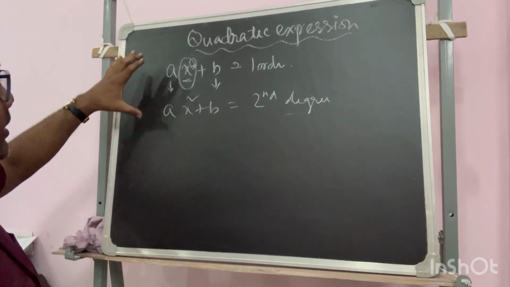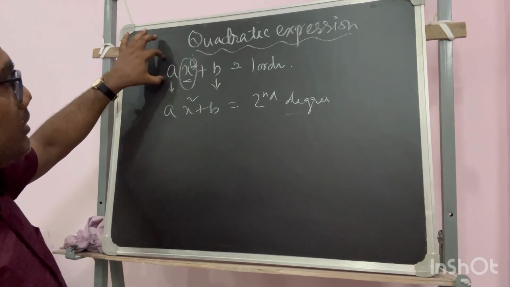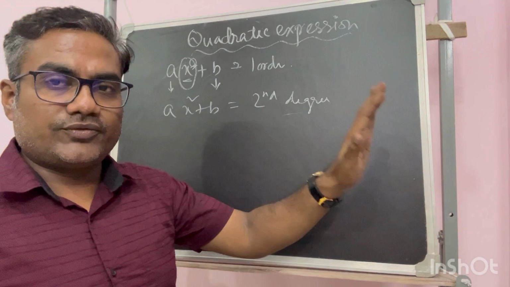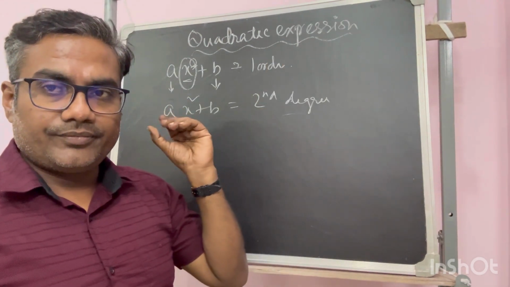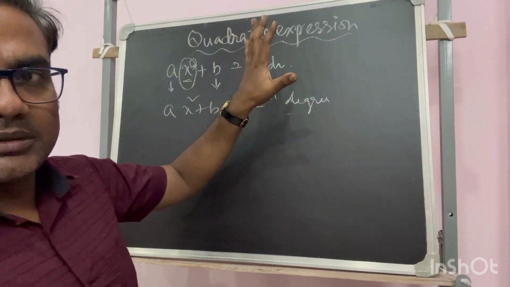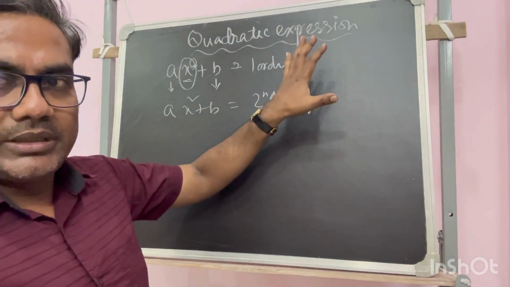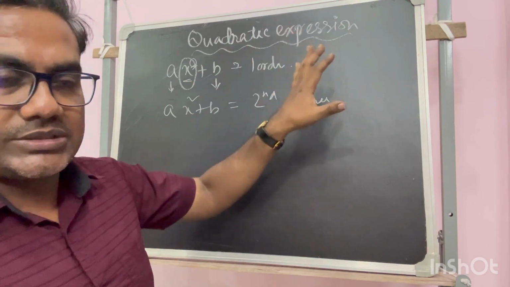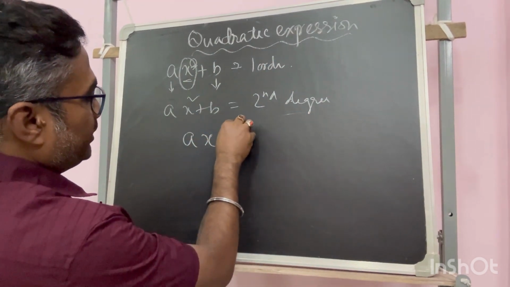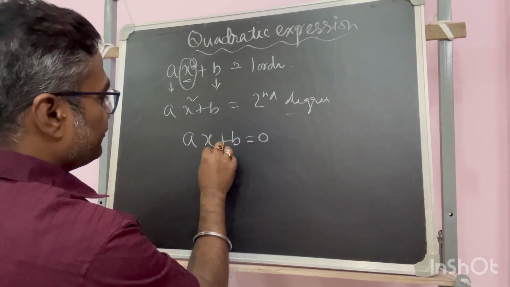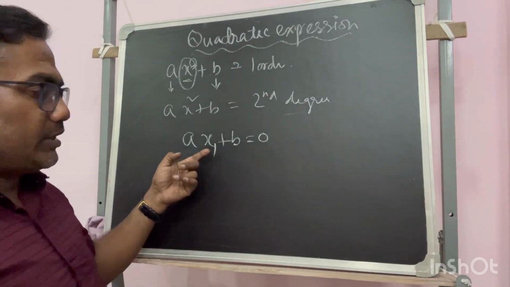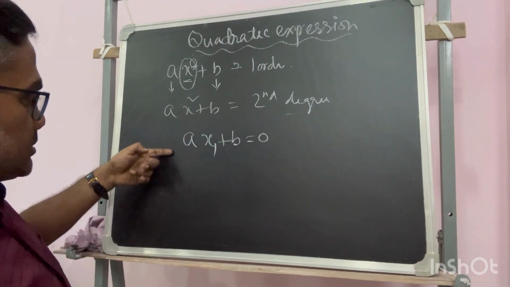But if in case this expression concludes and the result is equal to 0 for some value of the variable, then that case would relate as an equation. That means if I can say for some value of x this becomes 0, that means if I put the value of x as x1, that will conclude this result.